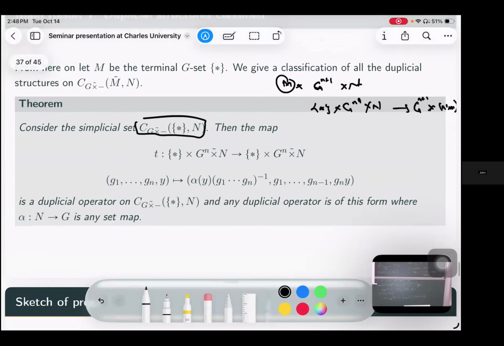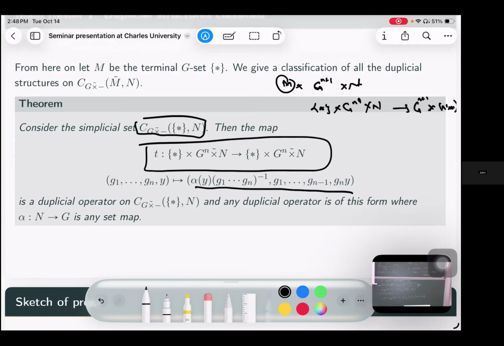So without loss of generality, I can take this M to be the terminal G-set, and I have my N. I can define this. I define T in this form, and then actually I define T as taking g_1 up to g_n, y to this.